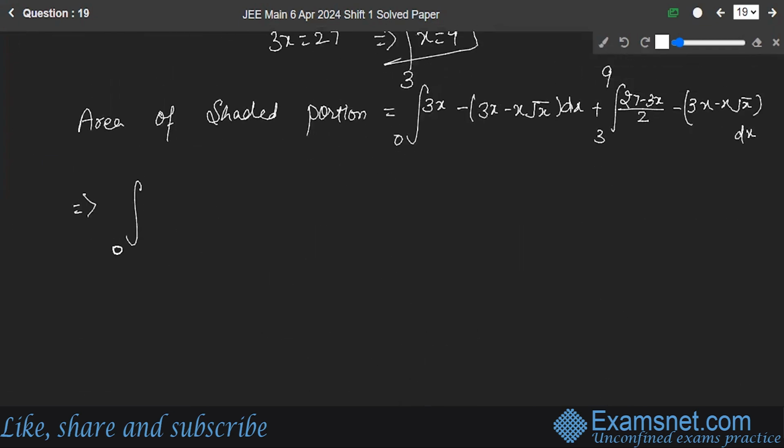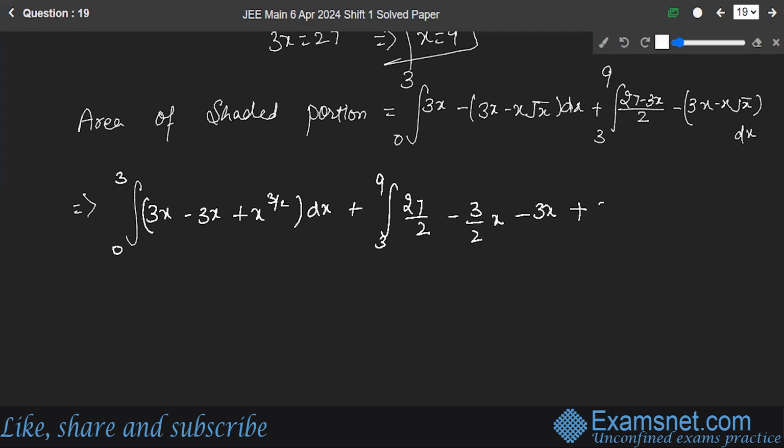This is 0 to 3, 3x minus 3x plus x power 3 by 2 dx, plus this is 3 to 9, and this will give me 27 by 2 minus 3 by 2x minus 3x plus this. Okay, now very easy.